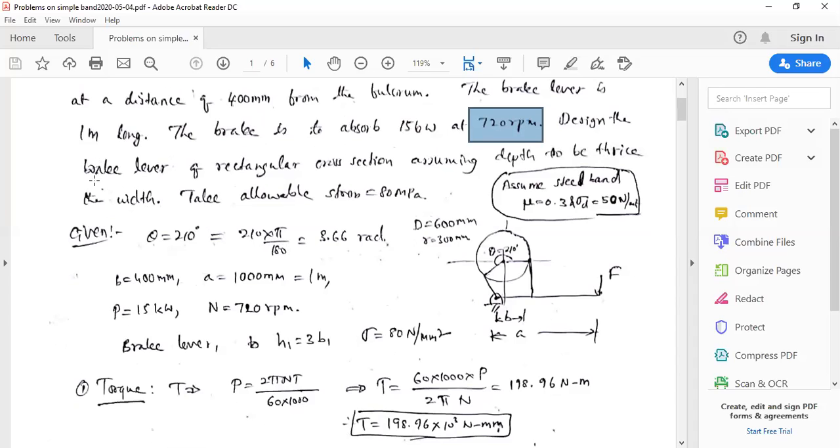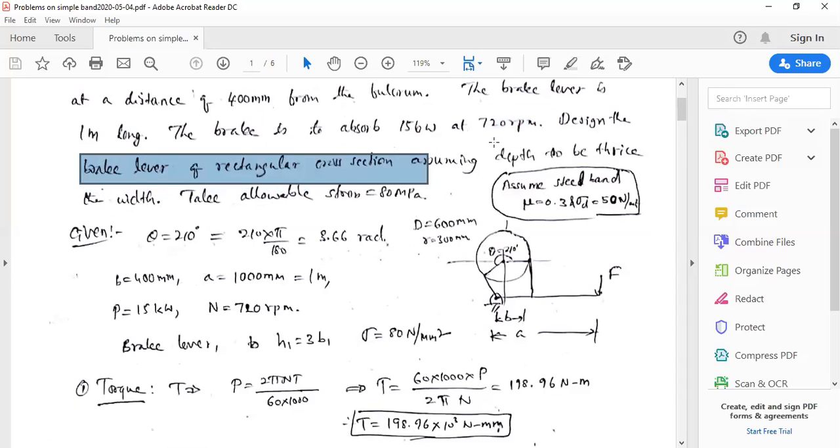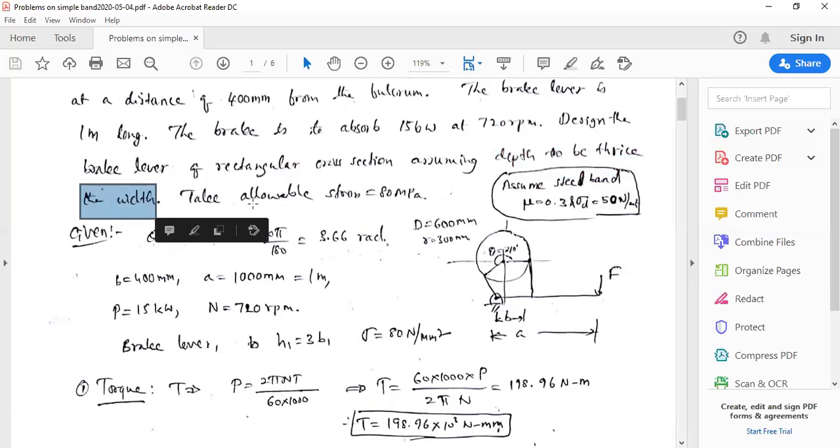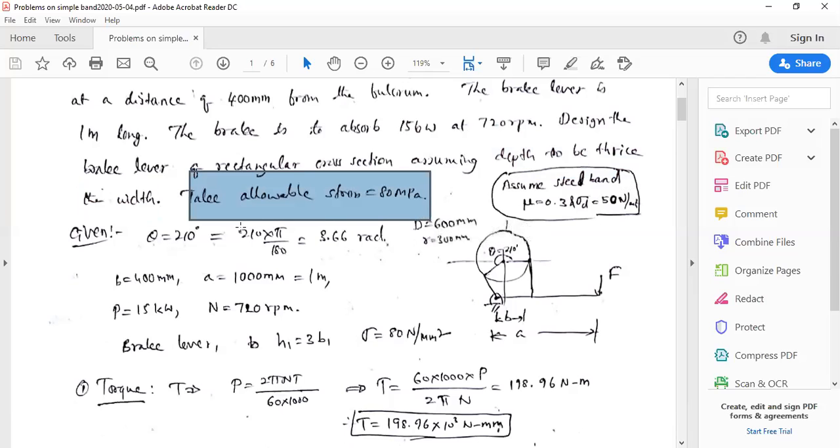Along with that, we have to design the brake lever, which has a rectangular cross section, where the depth of the cross section is to be thrice the width, and the allowable stress for the lever material is 80 MPa. In this problem, the friction lining material used on the face of the brake is not given.